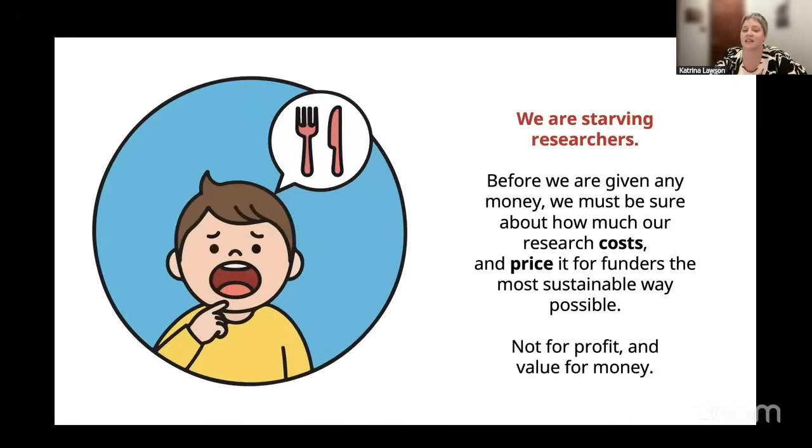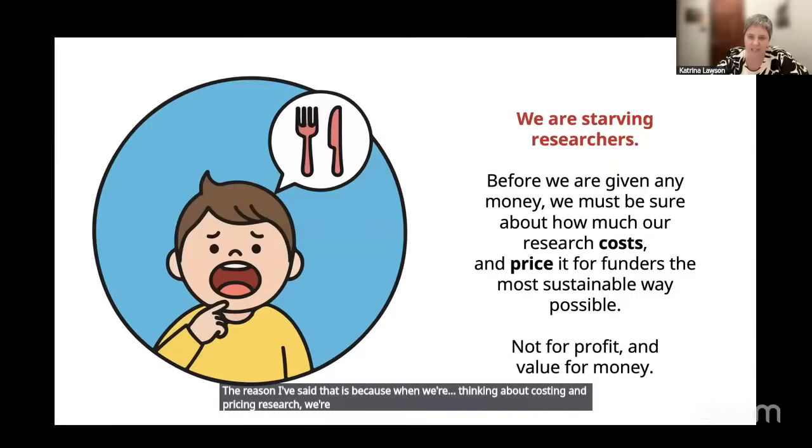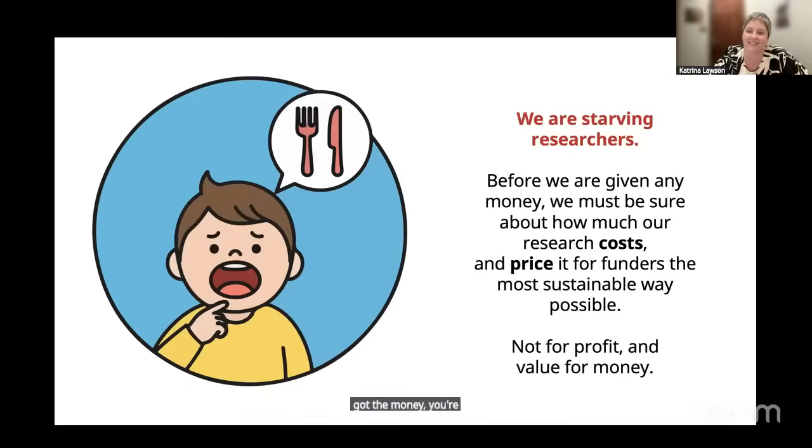The reason I've said that is because when we're thinking about costing and pricing research, we're always talking about budgets. What is our budget? But actually, at a pre-award stage, before you've got the money, you're not budgeting, you're costing and pricing. You need to be thinking about how much your research costs, and you need to be thinking about how much does your funder need to pay to be able to make your research be as sustainable as possible.